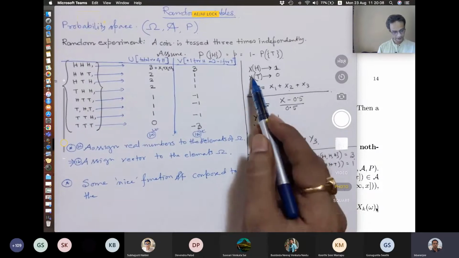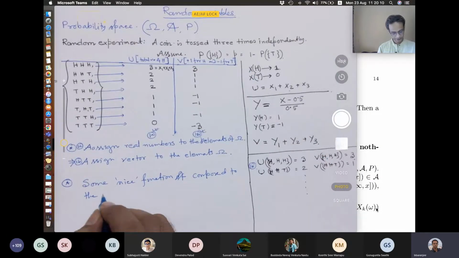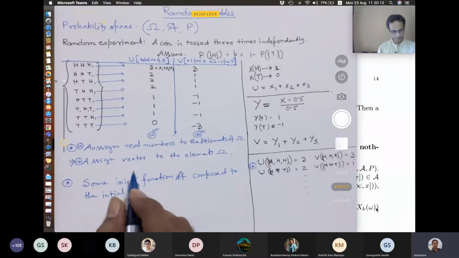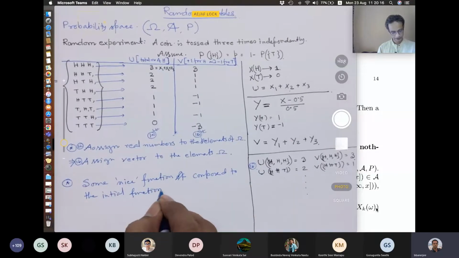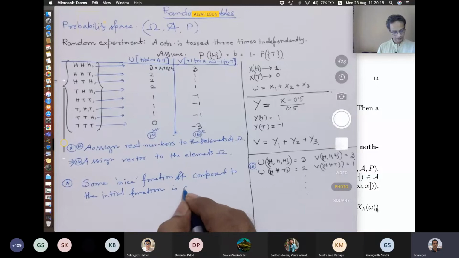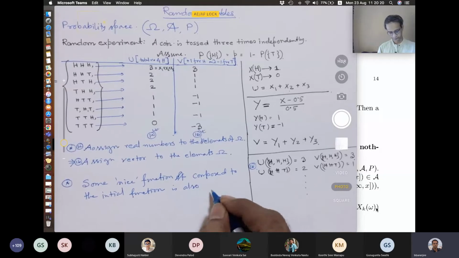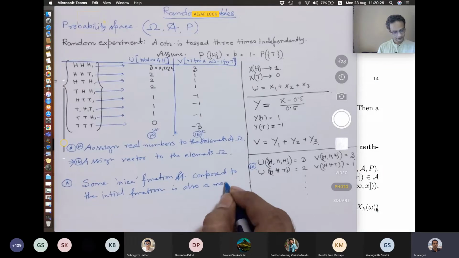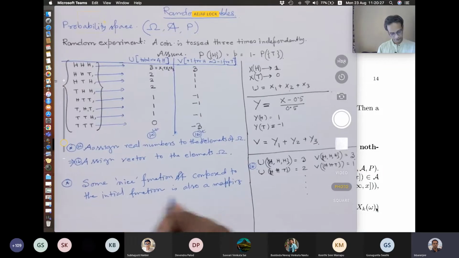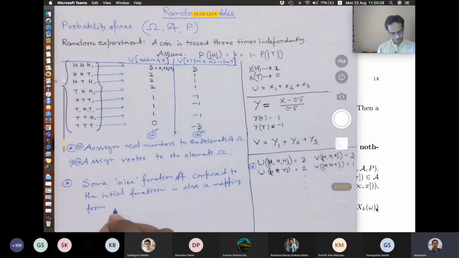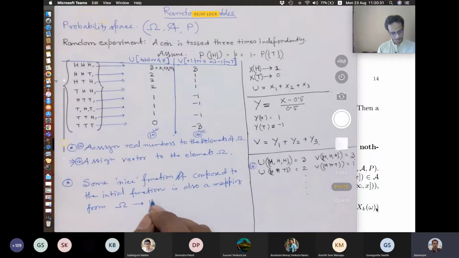That means this x or u or v is also a mapping from omega to R.